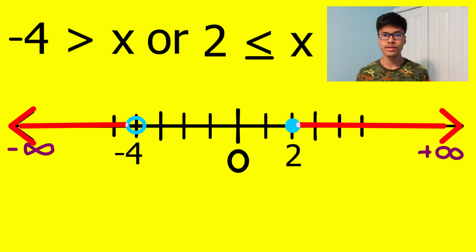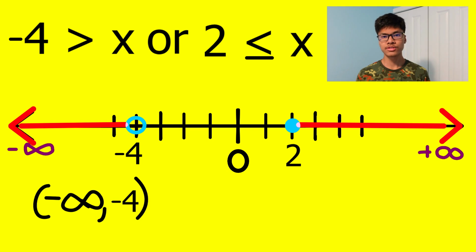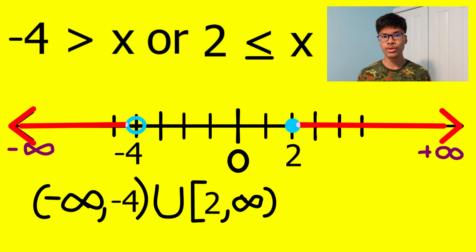To put it into interval notation form, we will have parenthesis, negative infinity, comma, negative 4, and close parenthesis. Then we will have the sign called union to separate the two parts. Then we will have open bracket, 2, comma, infinity, and close parenthesis.